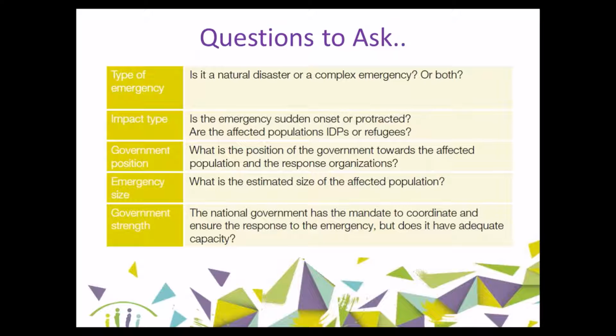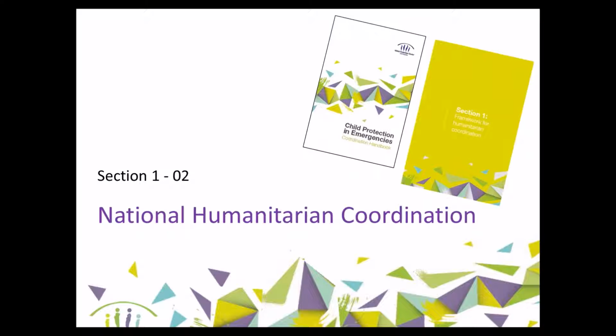It should be noted at this point that if it is a response involving refugee populations, UNHCR has the mandate to respond and will do so using a refugee coordination model. We will talk further about this later on in the presentation. The second component of this first section is around national humanitarian coordination.